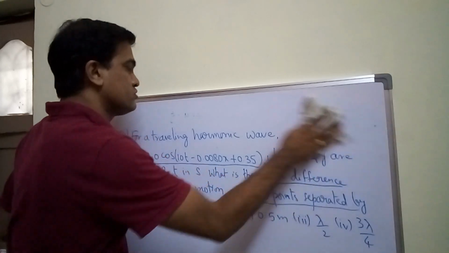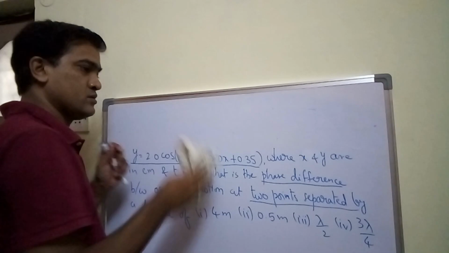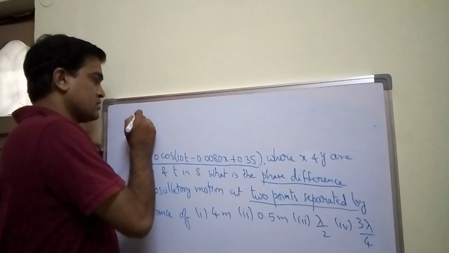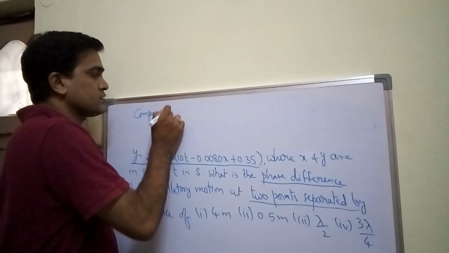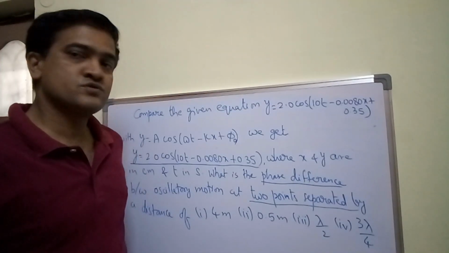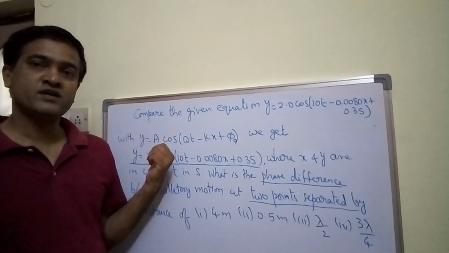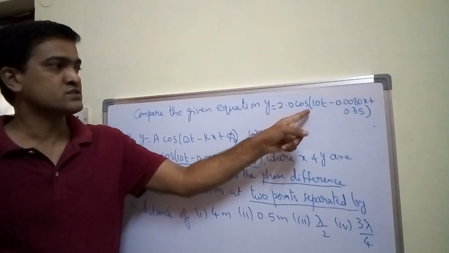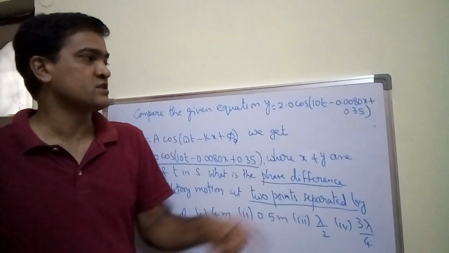Let me show you. You can just go through the equation given. Compare. So this is the question. Now compare the given equation, y is equal to 2 cos(10t minus 0.0080x plus 0.35).